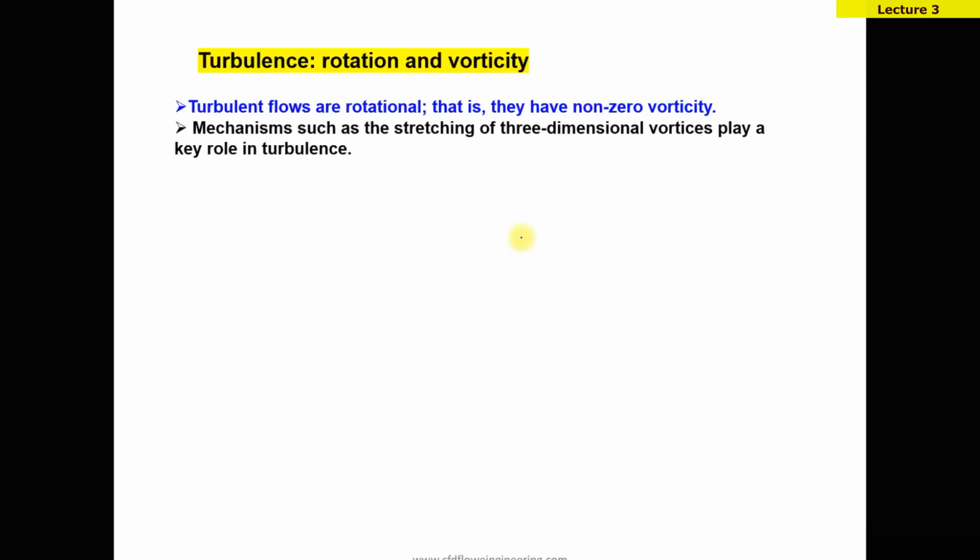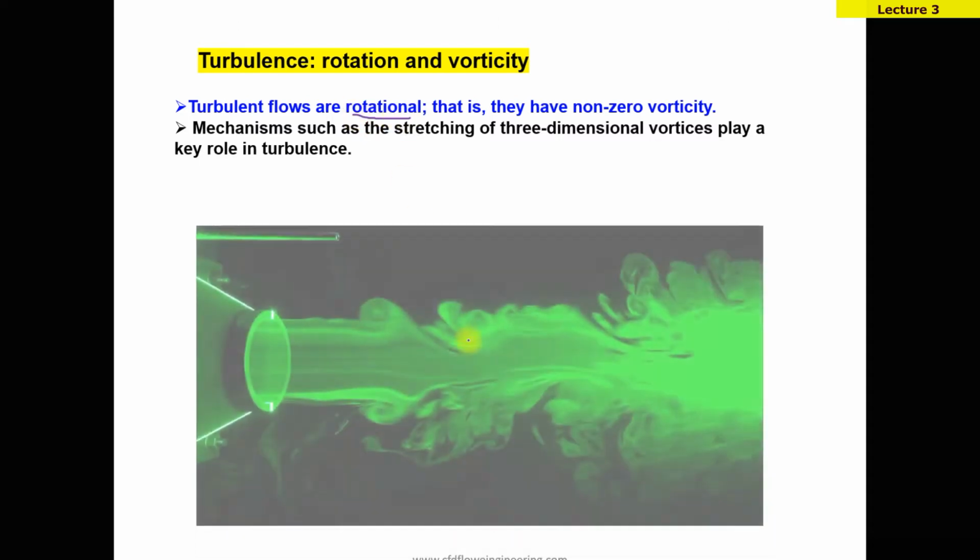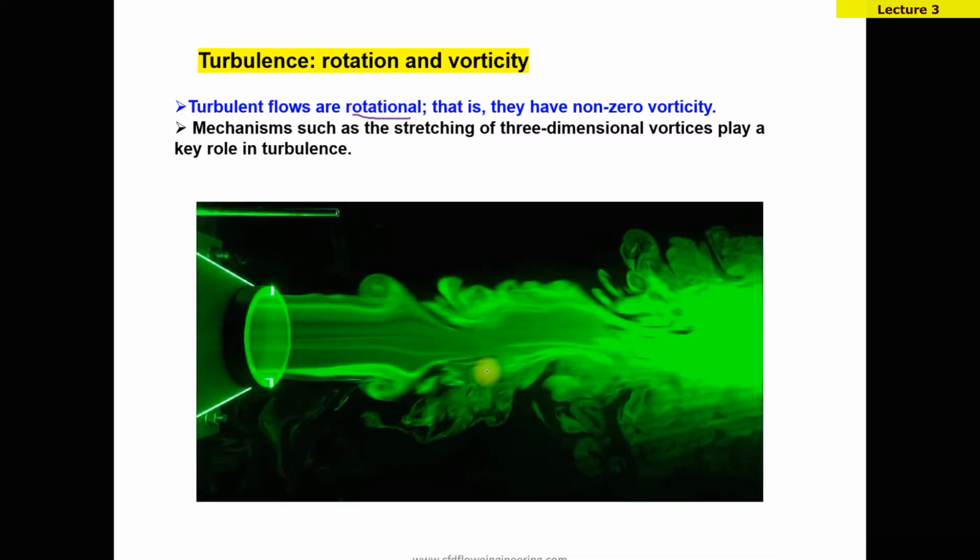Next, rotation and vorticity: turbulent flows are highly rotational. Take the example of a jet flow. We take a laser sheet, and then we can realize there is strong rotation. Rotation means there is strong fluctuation. That means there is a presence of strong vorticity, which can never be zero.